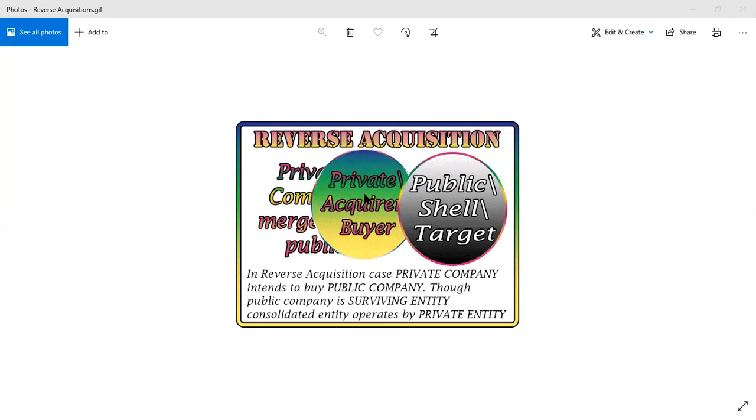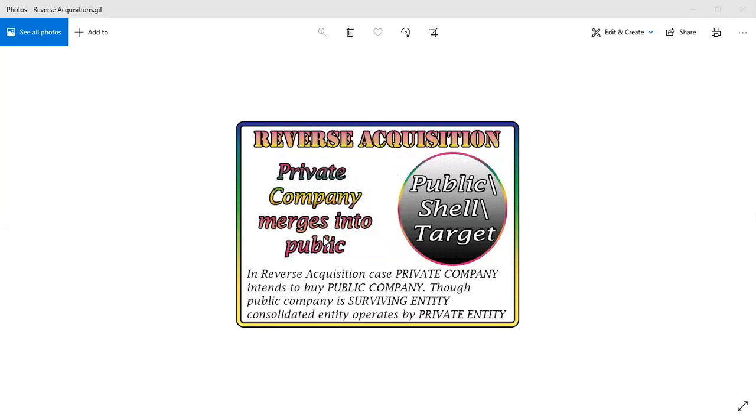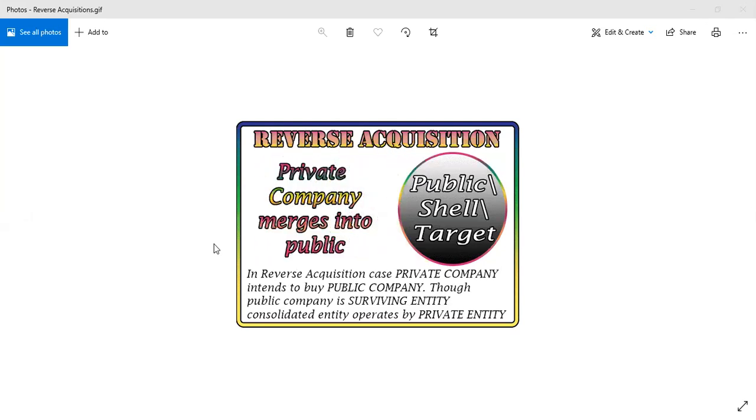That's how we will become public entities. But if we do not, then we are just going to be private companies. So that's how private and public companies are differentiated vis-a-vis each other.